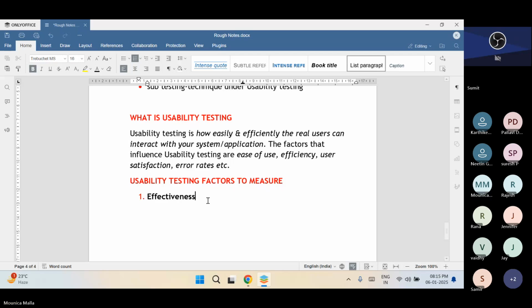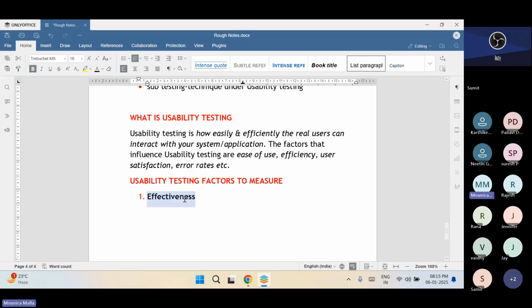Effectiveness means how well you can complete something. How effective you are. Like for me, what is effectiveness? How well I can talk to you, how well I can teach you. What is your effectiveness? How well you are listening to Kiran, how well you are asking questions to Kiran, right? So this is nothing but effectiveness between you and me in terms of training.